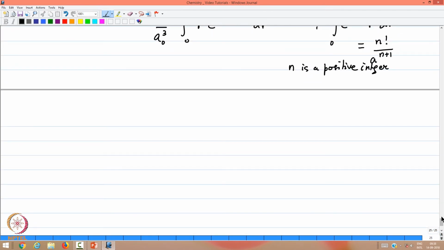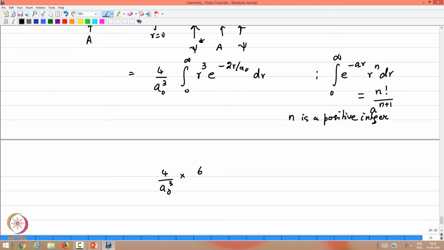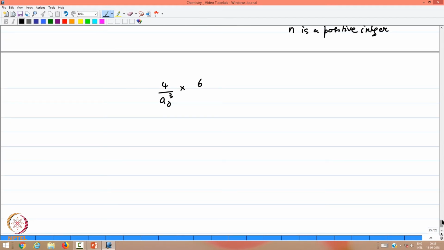Therefore, we can easily see that the integral gives you 4 by a naught cube into n is 3, therefore, it is 3 factorial is 6, and the constant a is 2 by a naught, and it is in the denominator. Therefore, you have divided by 2 raised to 4 a naught raised to 4, which gives you 3 by 2 a naught. This is the average value for the radius in the 1s orbital.